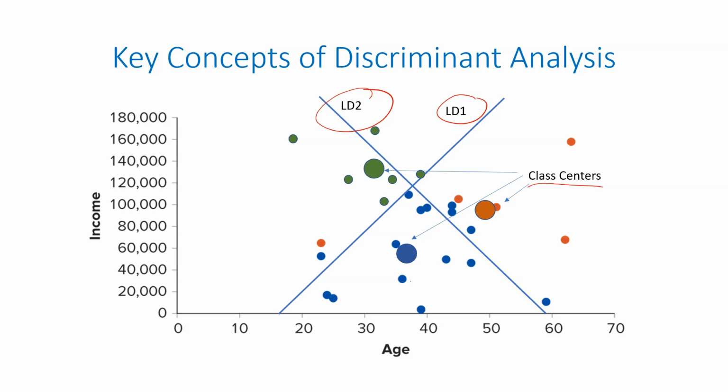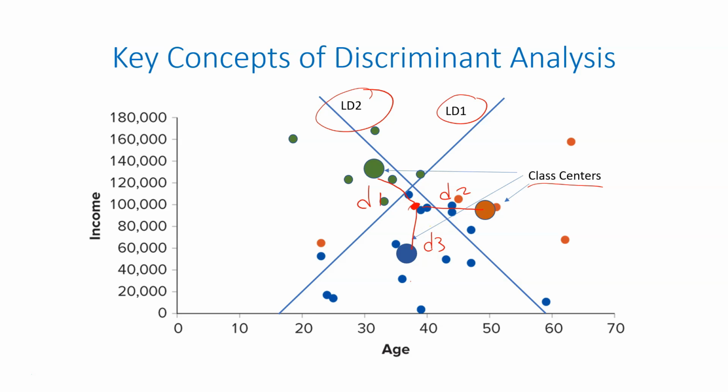Since there are three classes, the between-class variation will be measured as the sum of the distances between the class center to a central point for all the cases. And then let's call these distance measures D1, D2, and D3.